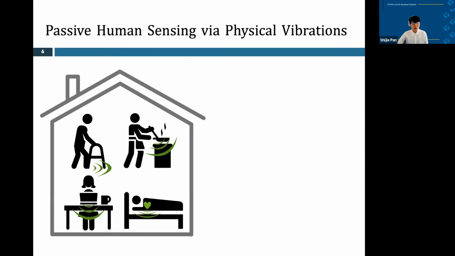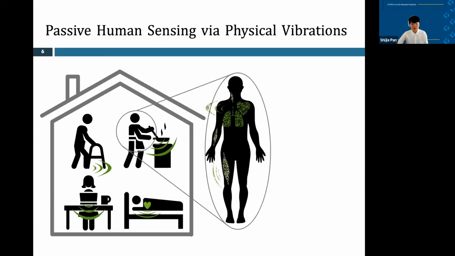So if we zoom into a person level, your heartbeat, your breath, muscle activation also induce vibration. Although this vibration may be at a very different scale compared to the room level vibration and contains different types of information, we design different forms of sensors to capture these vibrations.